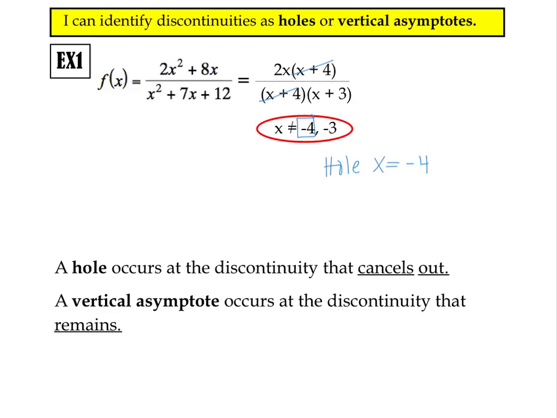So my final answer simplified would be, of course, 2x over x plus 3. And since that x plus 3 remained, I'm going to have a vertical asymptote at x equals negative 3. So that's the difference between a hole and a vertical asymptote, is which one cancels and which one remains.